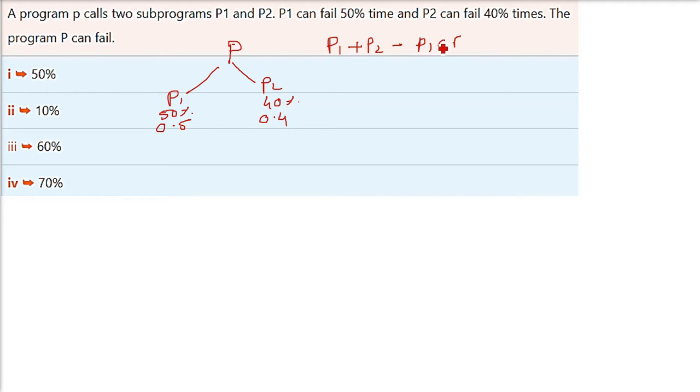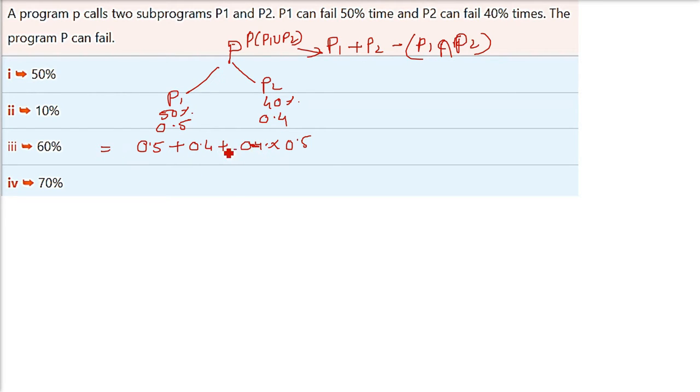So P1 plus P2 minus the intersection of P1 and P2, you have to remove it from P1 plus P2. So we have to find P1 union P2. So you have 0.5 plus 0.4 minus the multiplication of 0.5 into 0.4. Why are we multiplying 0.4 into 0.5? We are assuming that P1 and P2 are independent.